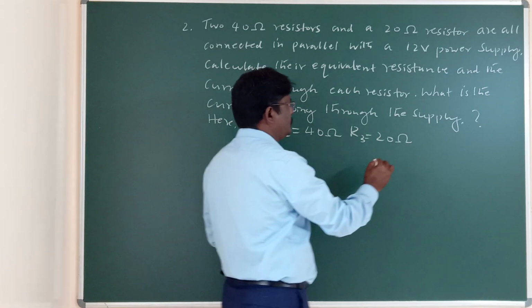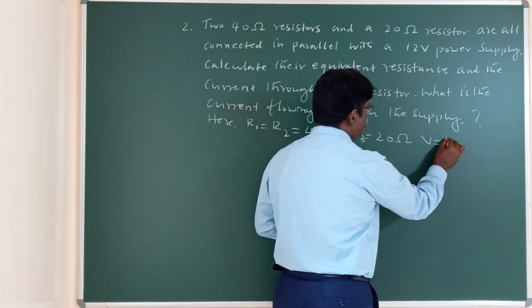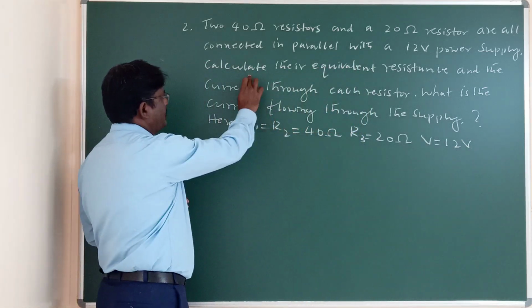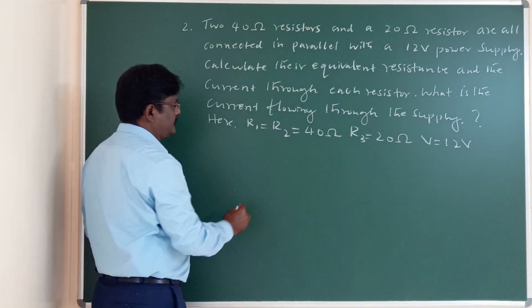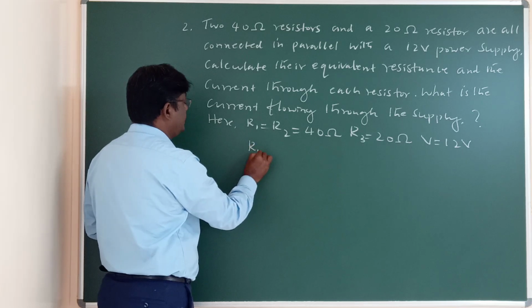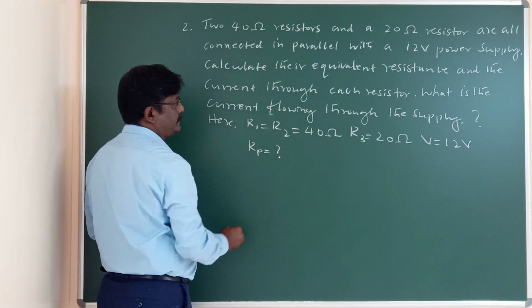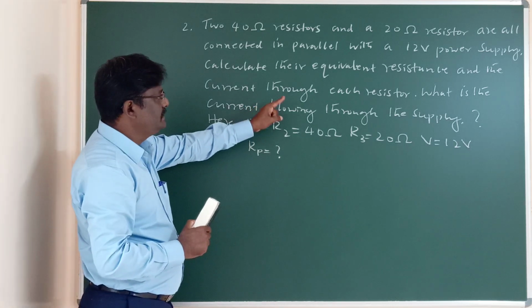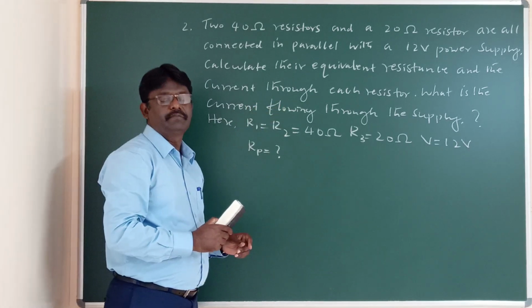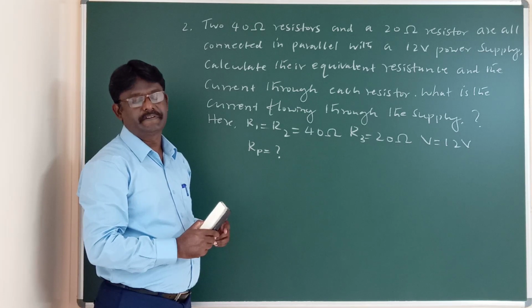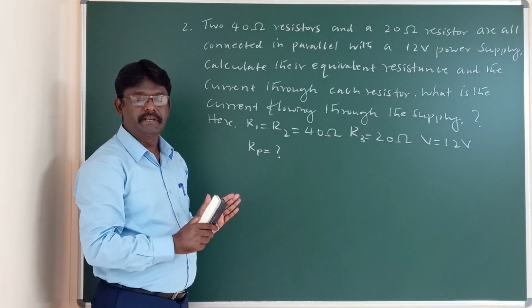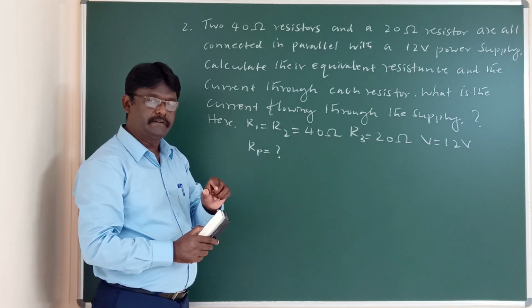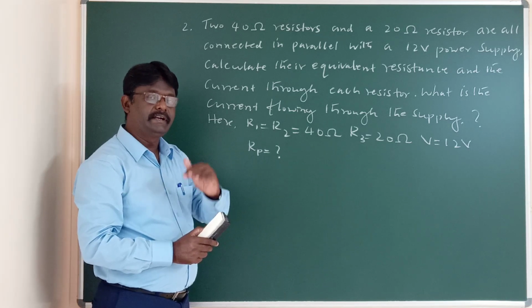So V equals 12 V. What do we have to calculate? The equivalent resistance, hence Rp, and at the same time the current through each resistor. In case of series, the same current flows through all the resistors. But in case of parallel, the current differs.